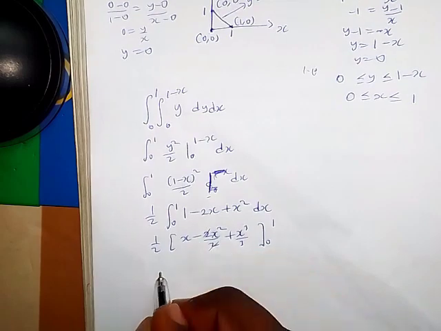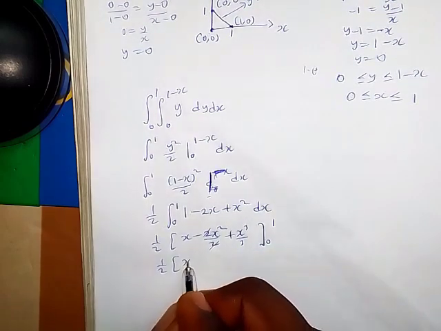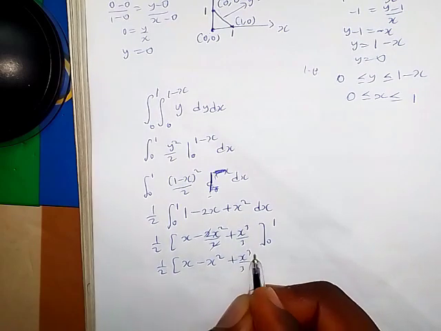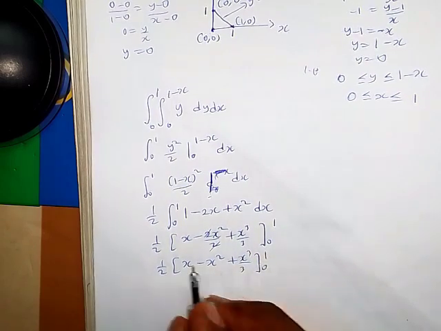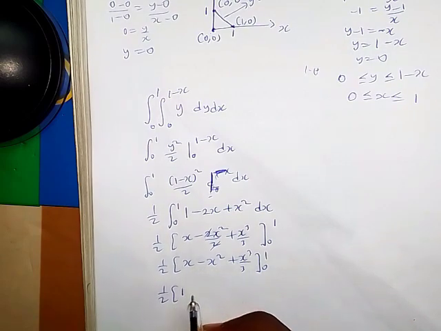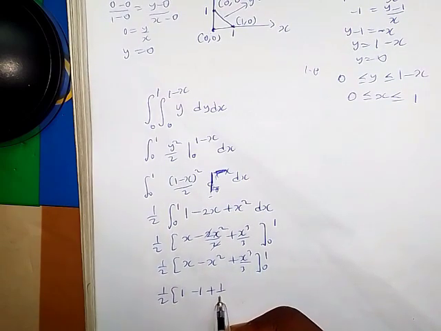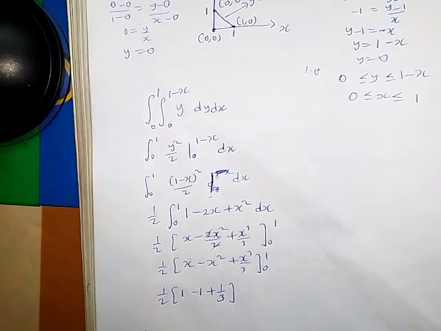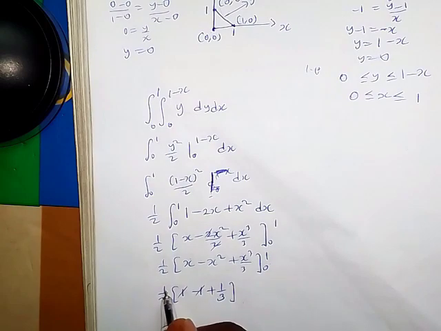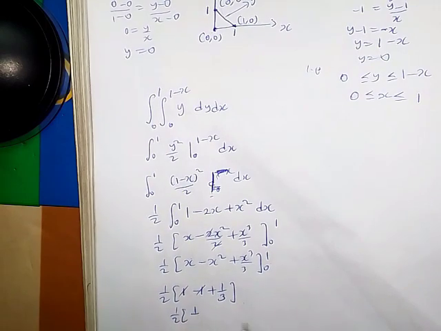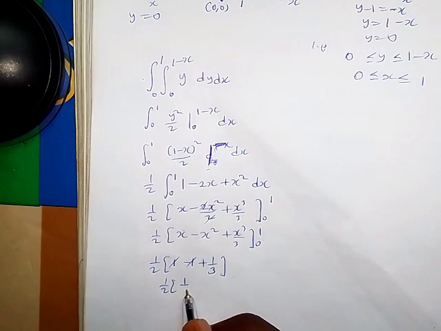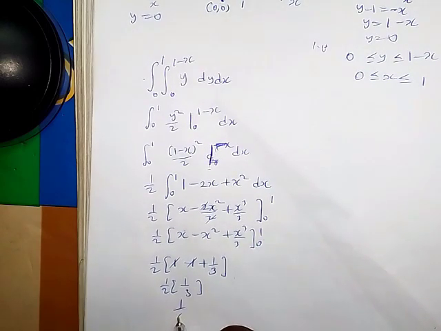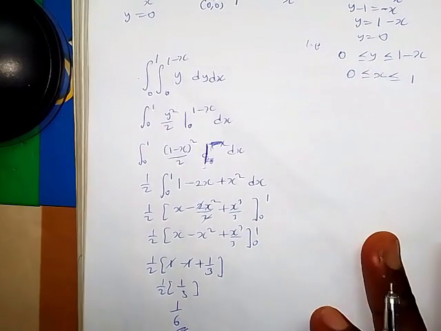This is half times x minus x squared plus x cubed over 3, from 0 to 1. Plugging in these values, we have 1 minus 1 plus 1 over 3; plugging in 0, it all vanishes. So we have half times 1 over 3, which is simply 1 over 6. This is the final answer.